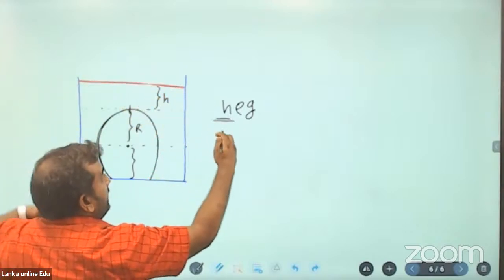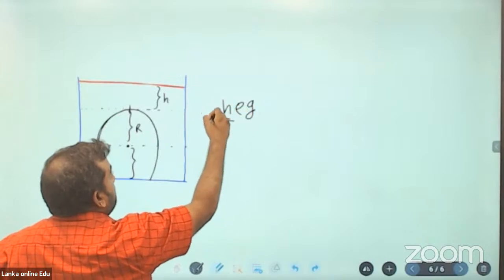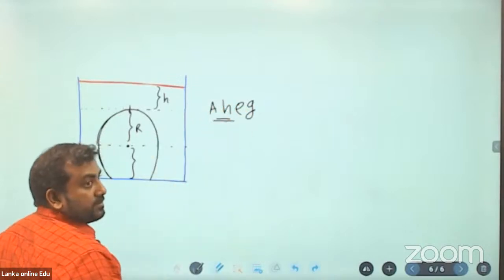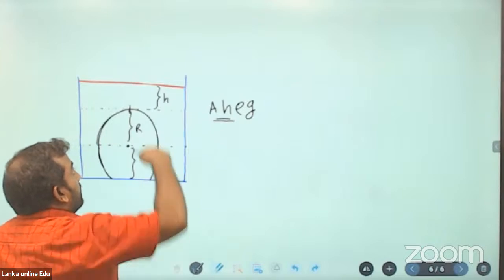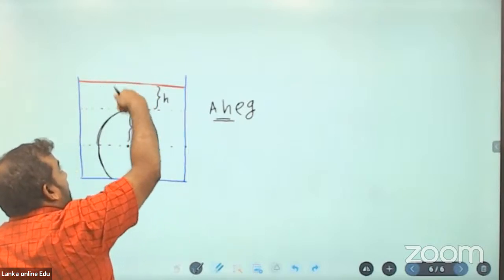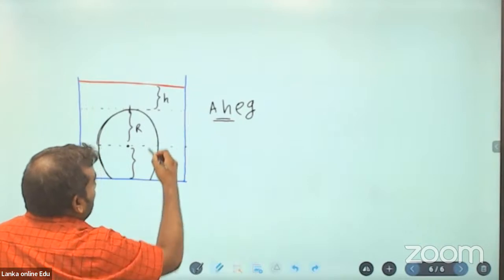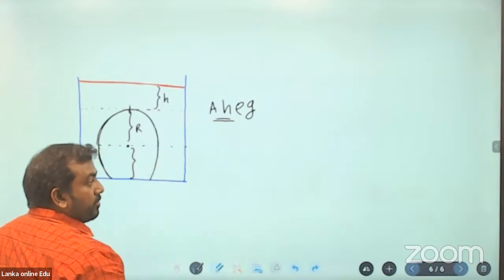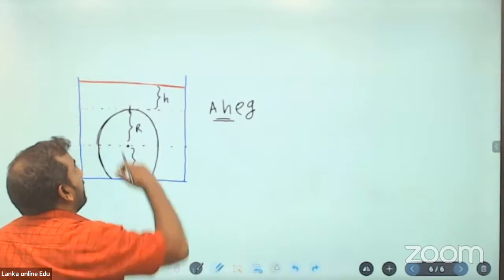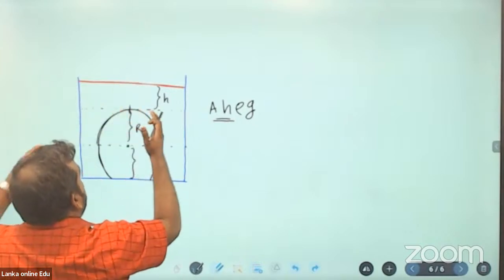How? Linearly. H rho G times area, force. So the downward forces start increasing linearly. Then the resultant force will start to reduce, also linearly, right?